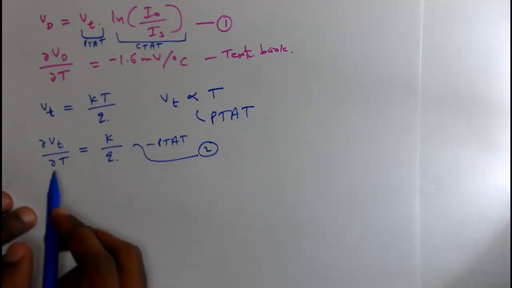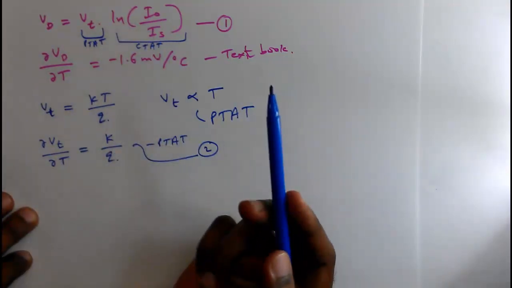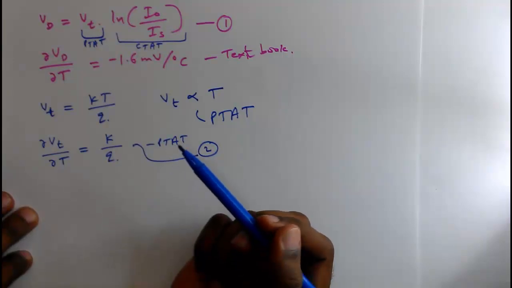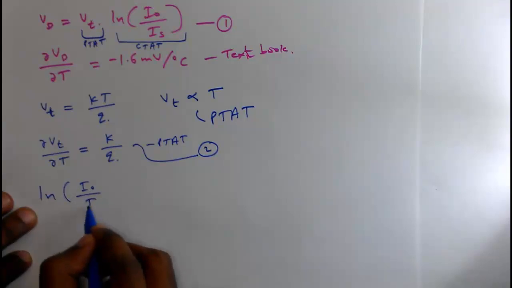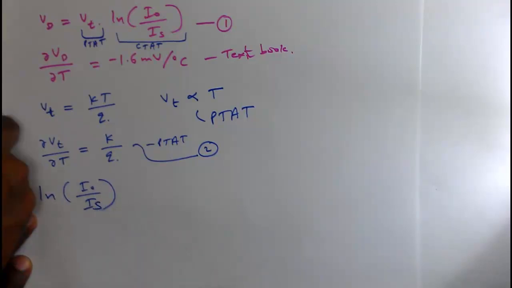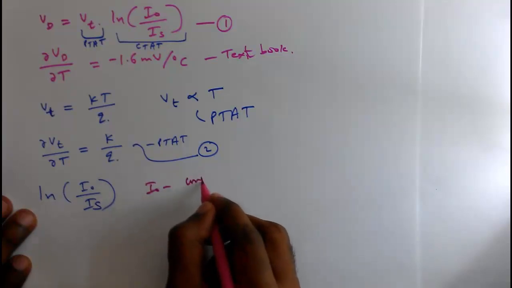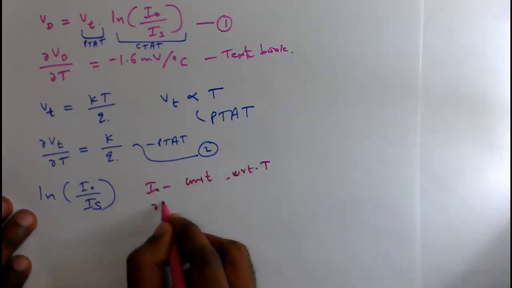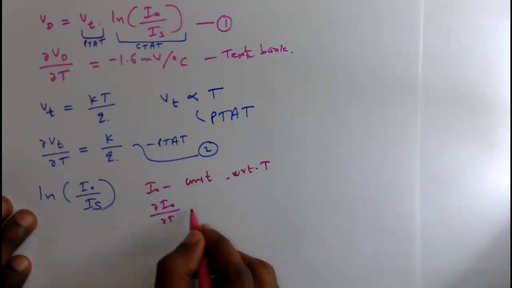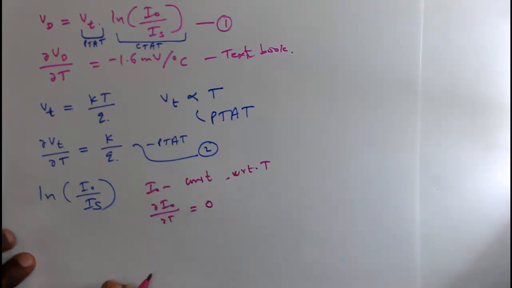And now we have another term, the second term, that is ln I0 by Is. So the I0 we said it is constant with respect to temperature. So dou I0 by dou T will be 0, because we assumed it is constant with respect to temperature.